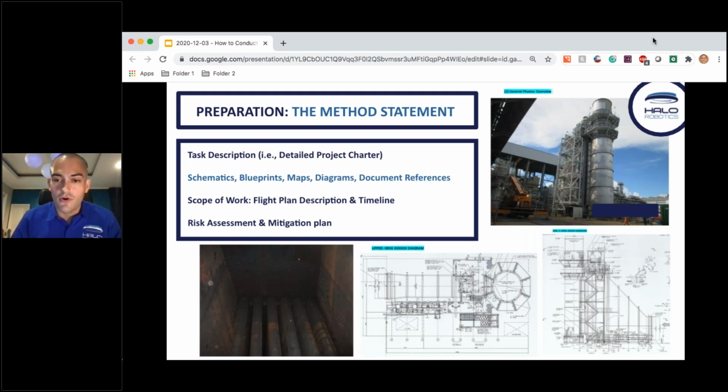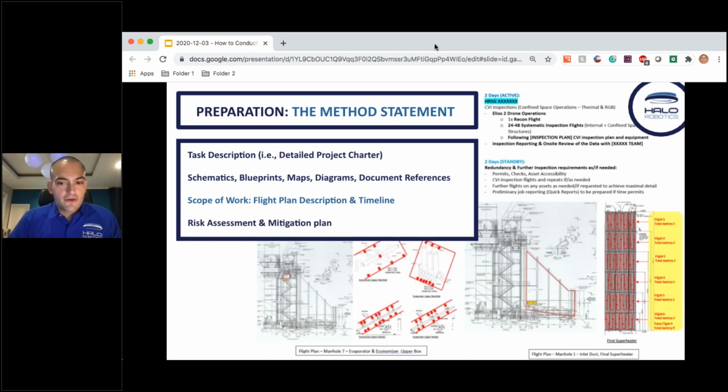We had never done that before, but with enough preparation and information from the asset owner, we were able to do the inspection safely and efficiently. Yeah, I think we can go over to the next slide and continue from here.